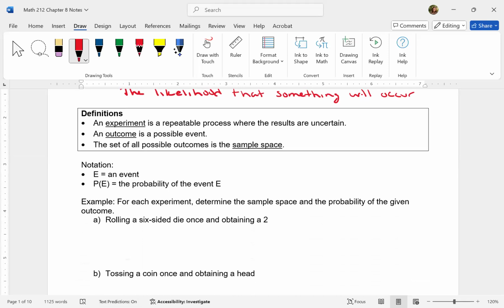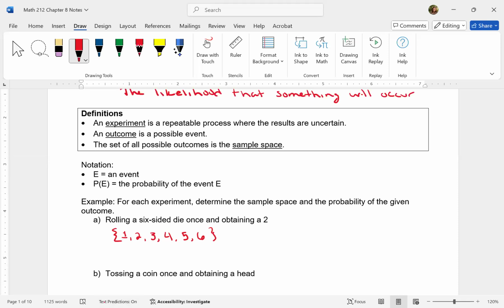Rolling a six-sided die once and obtaining a two. In this case, the sample space is the possible outcomes we can have for rolling a six-sided die, and that would be 1, 2, 3, 4, 5, 6. Typically, we use curly brackets to write the sample space, so we're treating it like a set.